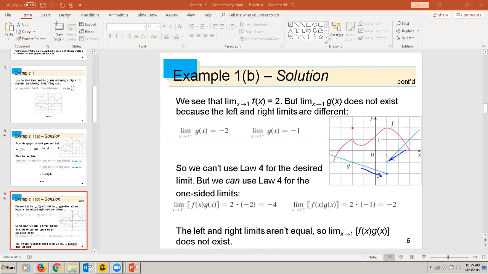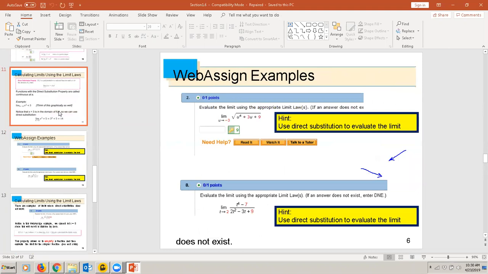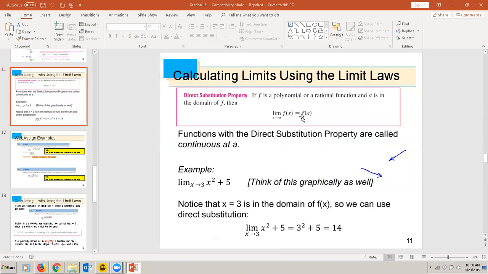So if the function is polynomial, then you really can just evaluate the function at that value, and we'll do an example in a second. Also, if the function is a rational function and a is in the domain, for example, a does not result in division by 0, you can then use the same property.